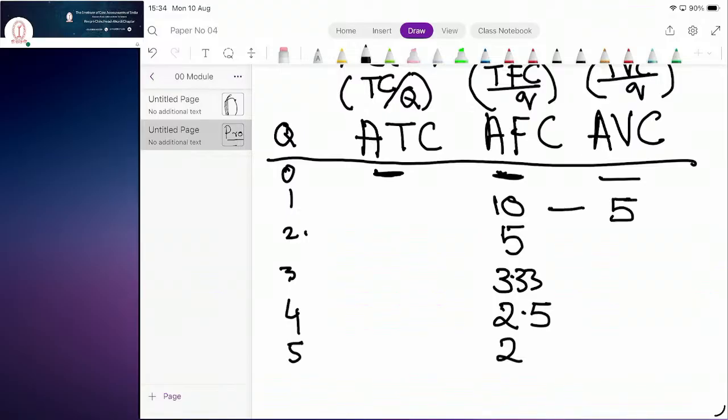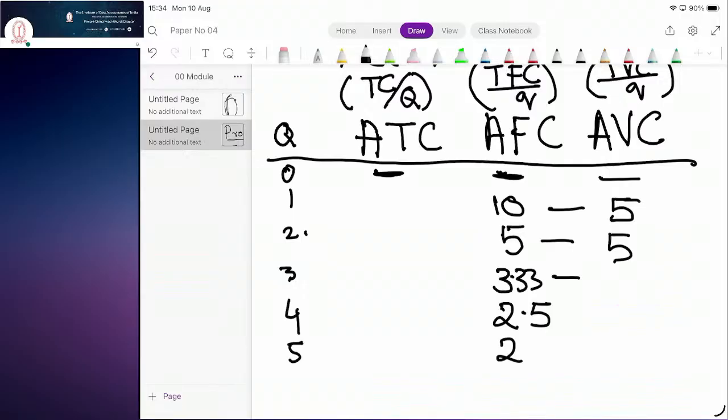What will be for 2? Q is equal to 2, AVC. Again it is 5. Are you all getting this? 10 divided by 2, you got 5. Next, what was it? 15 divided by 3.